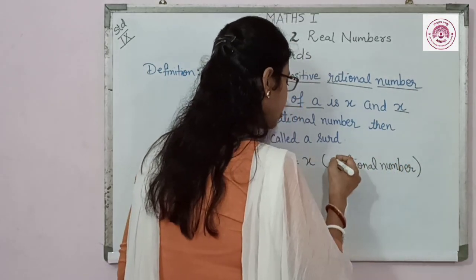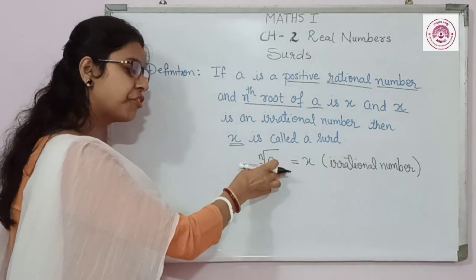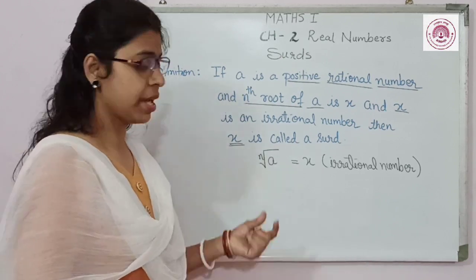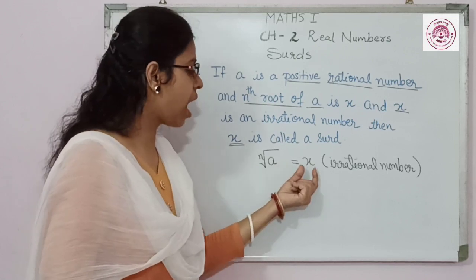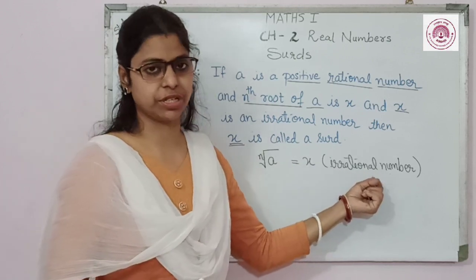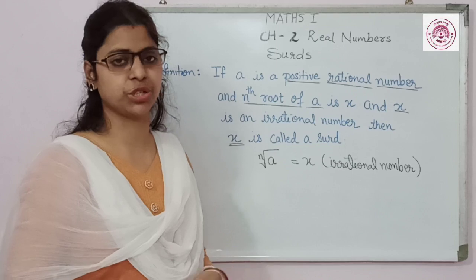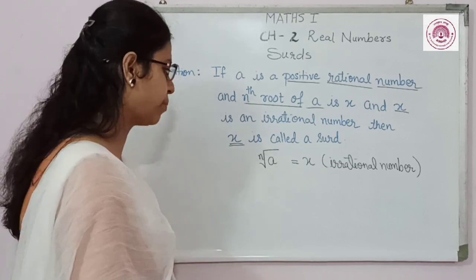So this is the condition for the nth root of a to be a surd. The nth root of a will be a surd only if its answer is an irrational number. So there are three conditions. Let's see all the conditions one by one.